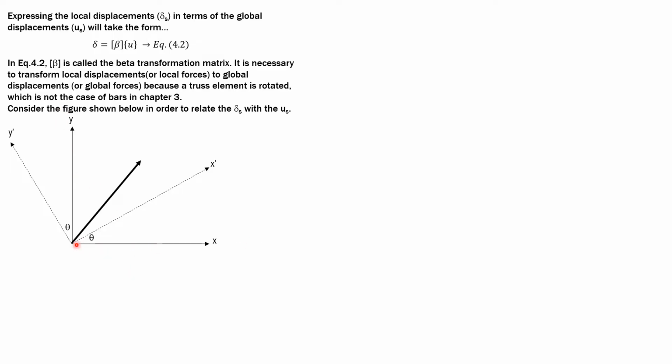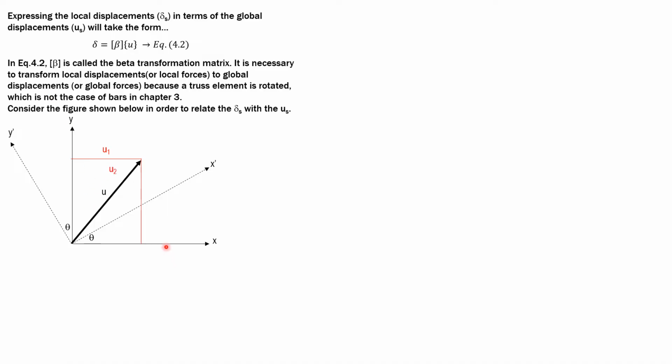This is the displacement u, and this is also the displacement delta. The vector lengths u and delta are the same. With respect to the global coordinate system, this is u1, and parallel to the y-axis is u2.